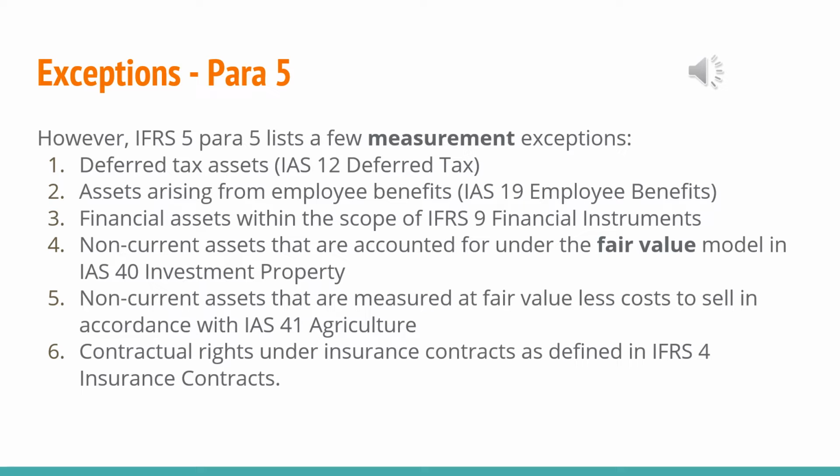Fourth, non-current assets that are accounted for under the fair value model in IAS 40, investment property. Fifth, non-current assets that are measured at fair value less cost to sell in accordance with IAS 41, agriculture. Sixth, contractual rights under insurance contracts as defined in IFRS 4, insurance contracts.